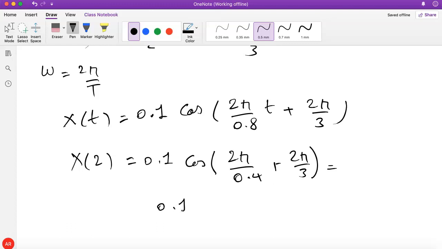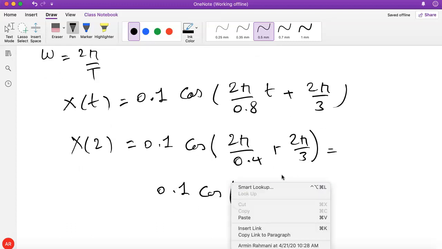So that's 0.1 cosine, let's say 2 pi times 5 over 2, right? 4 over 10 is like 2 over 5. You divide by 2 over 5, so it's like you multiply by 5 over 2.